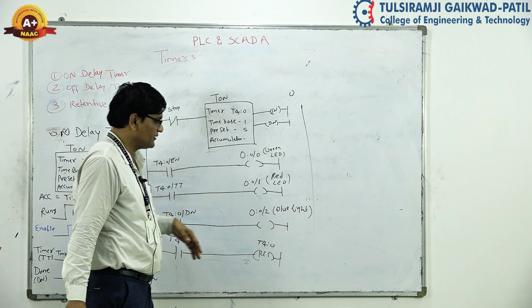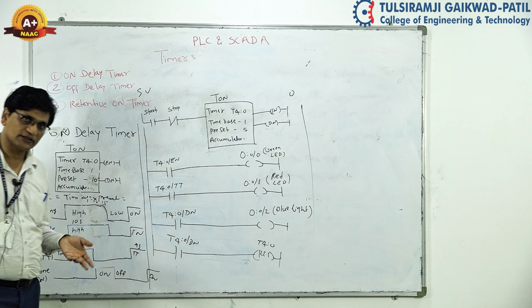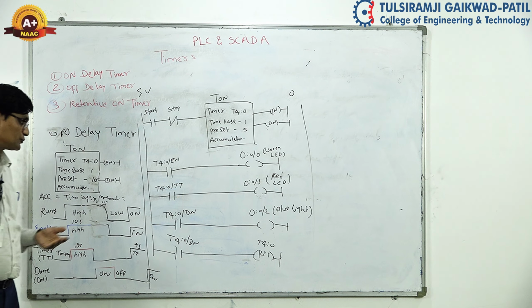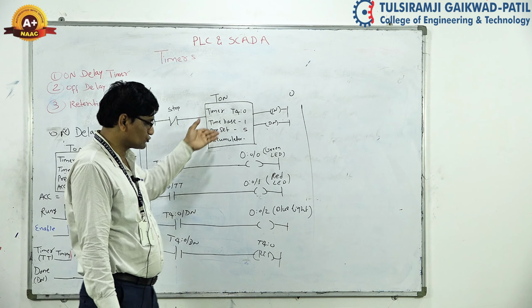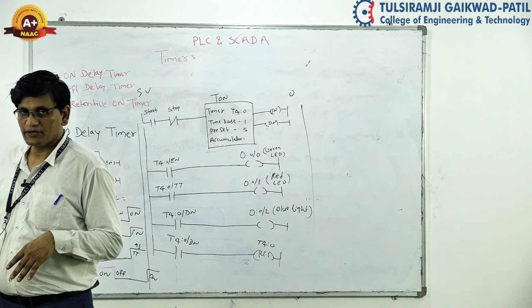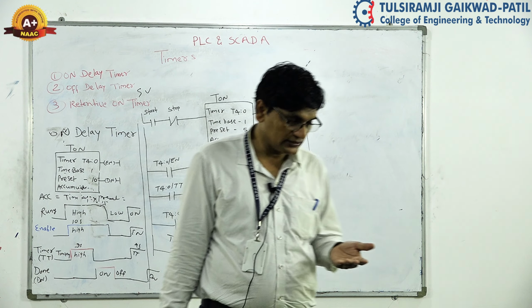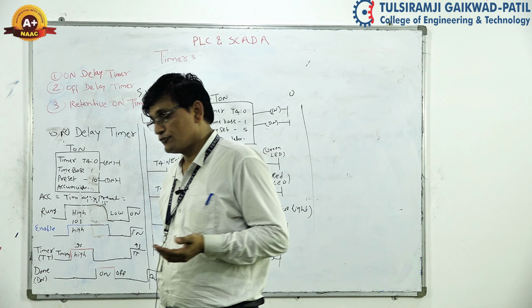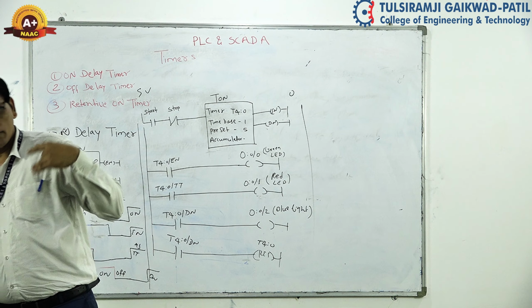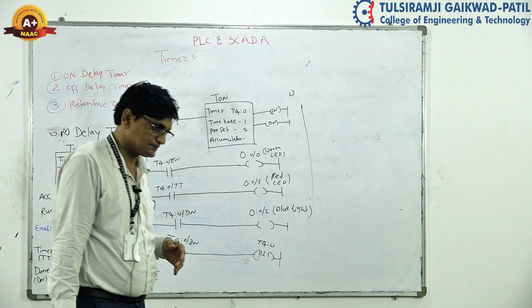If you want a delay for this position, again you can use another timer. There are so many outputs used, so at that time we can use so many timers. Here I am giving the example of only one timer, but in industry so many timers are used, because with the help of those timers we can control the multiple devices used in the industries.